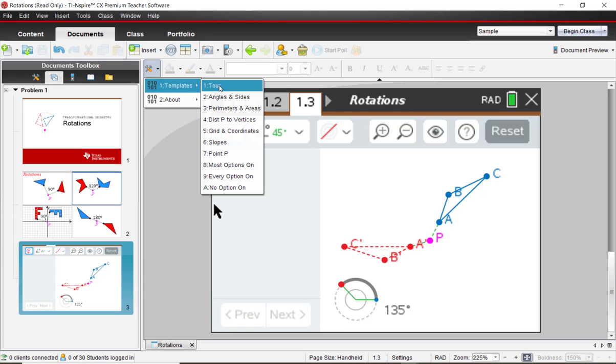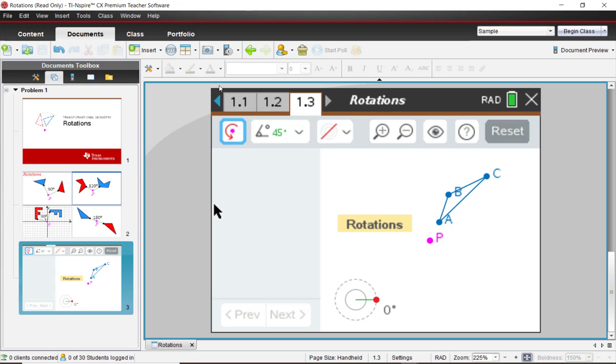So Tools, Templates, Tour. And again, I'm going to rotate triangle ABC about point P 45 degrees, and then again, and then again. You'll notice that the previous image is shown as kind of ghosted, so that we can pay attention to that. But the original triangle has been rotated 135 degrees about point P.